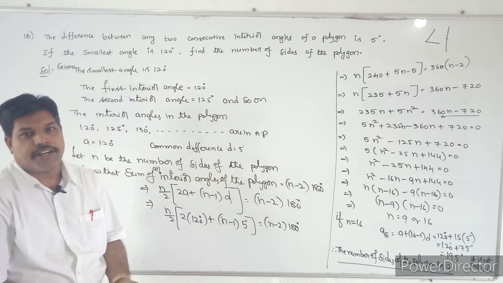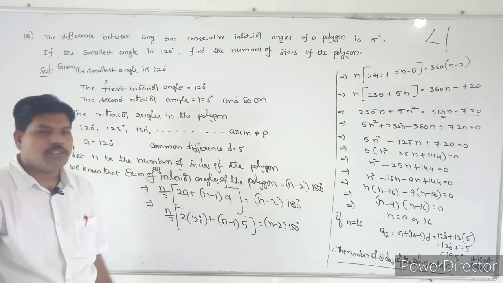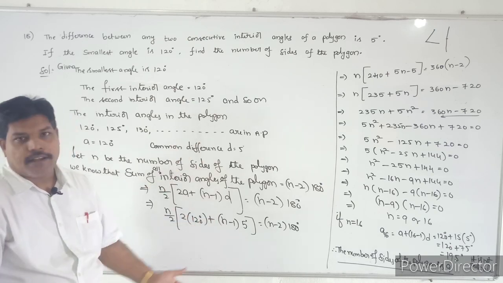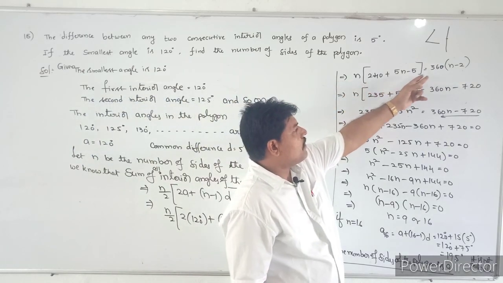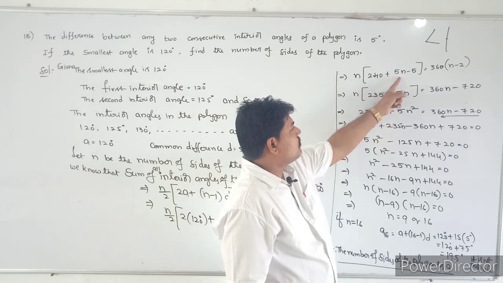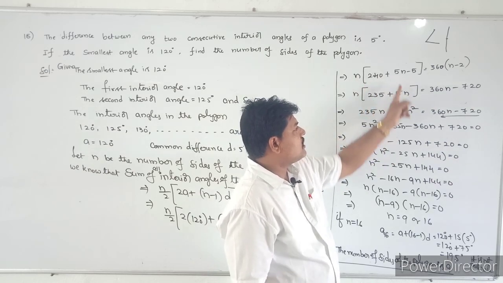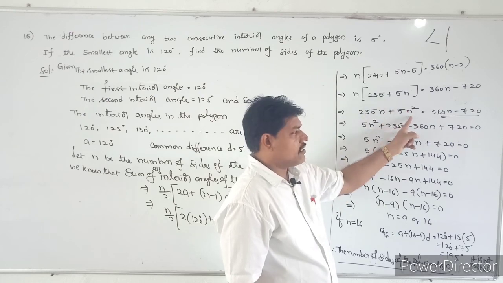Here n is the number of sides and the number of angles are the same. So we can remove the degrees here and calculate for the number of sides. So n into (240 plus 5n minus 5) equals 360 into (n minus 2). Simplifying, that is n into (235 plus 5n). Take the n inside: 235n plus 5n square.